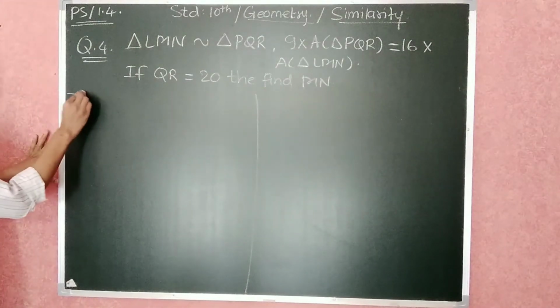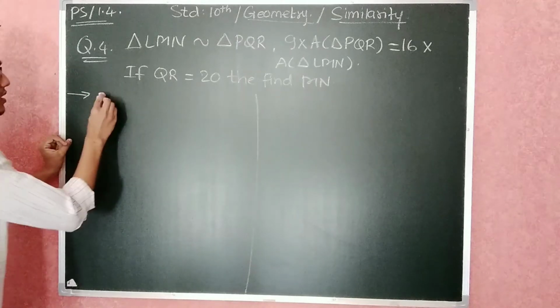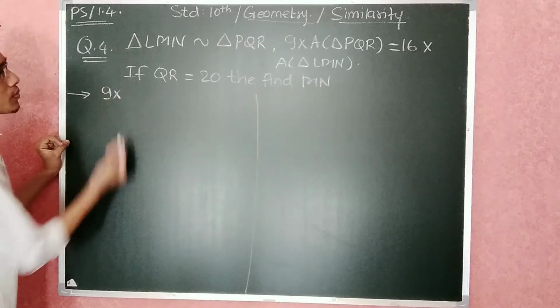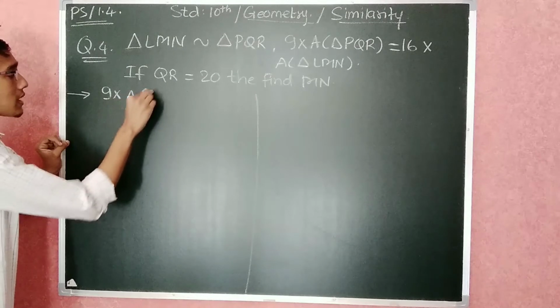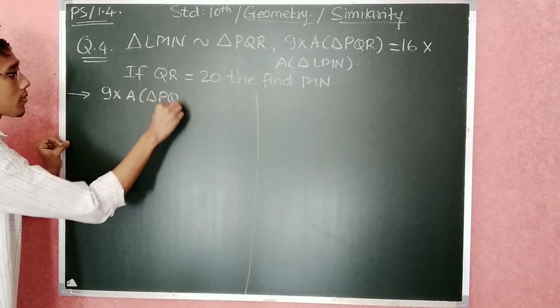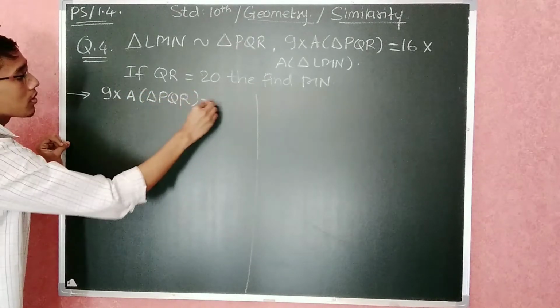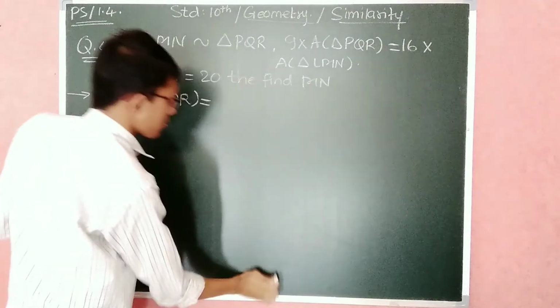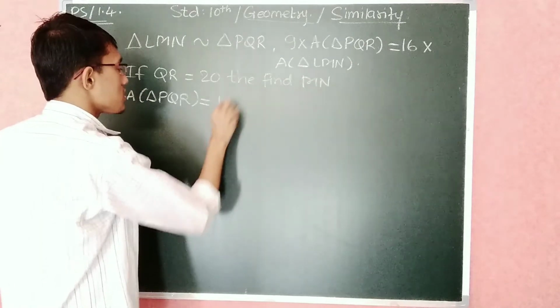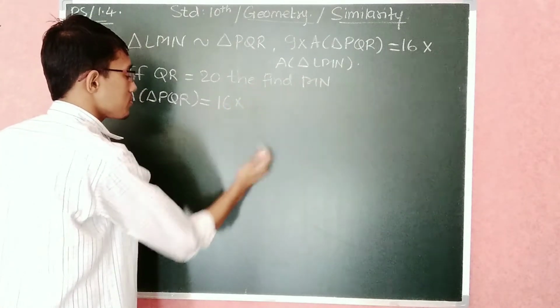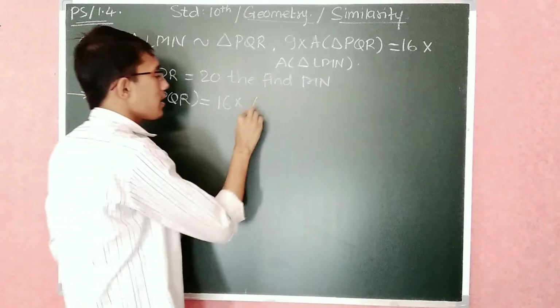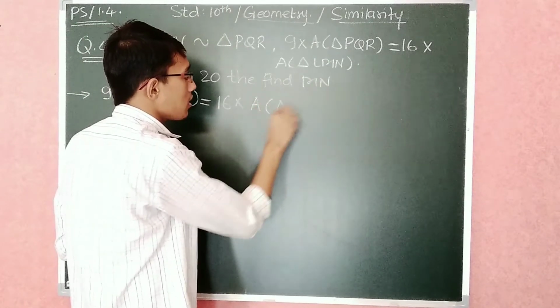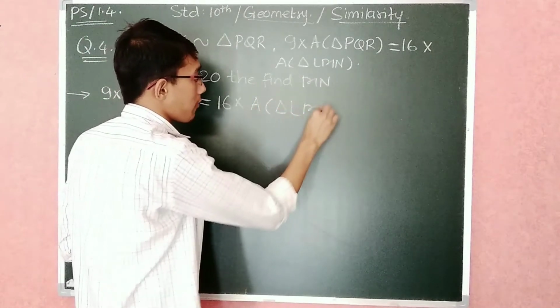First, I will write that 9 into area of triangle PQR is equal to 16 into area of triangle LMN.